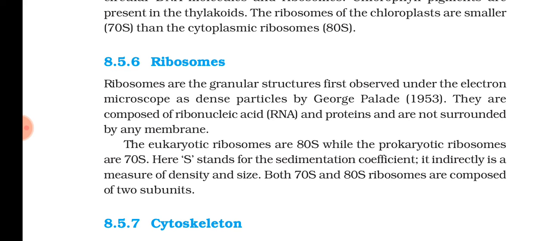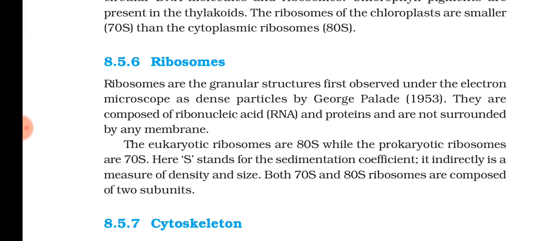What is the function of ribosomes? They help in protein synthesis, isn't it? Just before the process of protein synthesis starts, what happens? Both the subunits, the larger subunit and the smaller subunit, join and form a single unit.